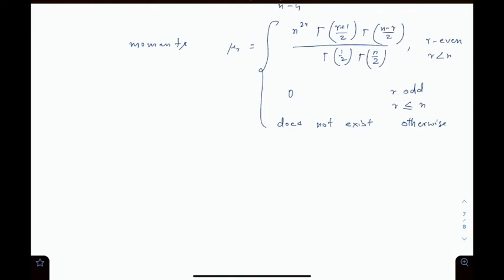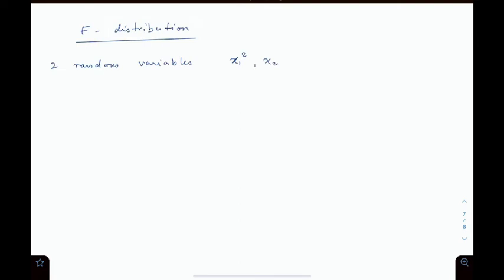The last distribution that we want to discuss in this context is the F distribution. So for this we consider two random variables. We denote them as chi1 square and chi2 square, each of them distributed as chi square with, let's say, nu1 and nu2 degrees of freedom.